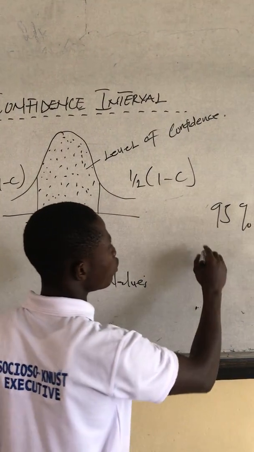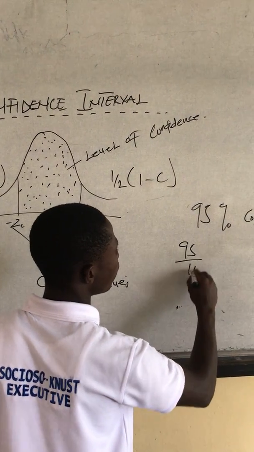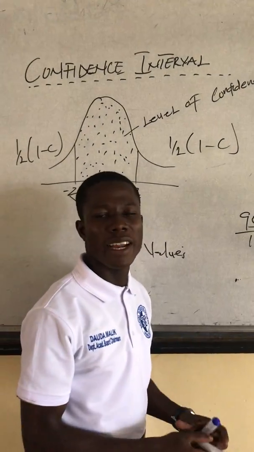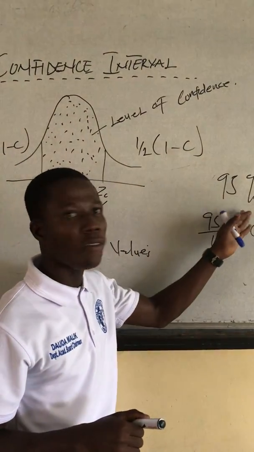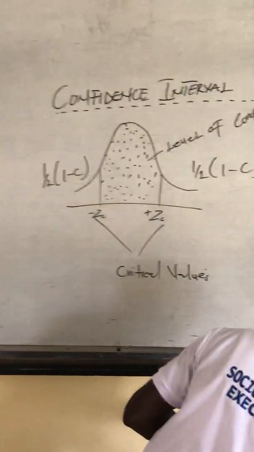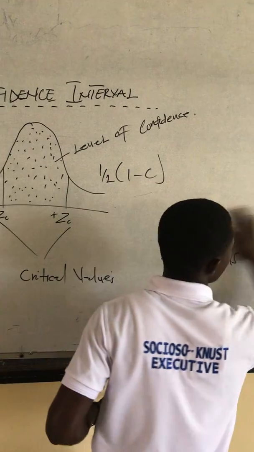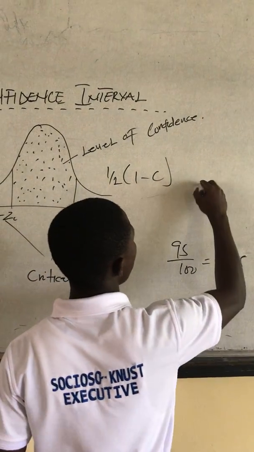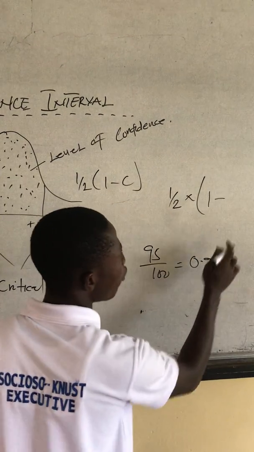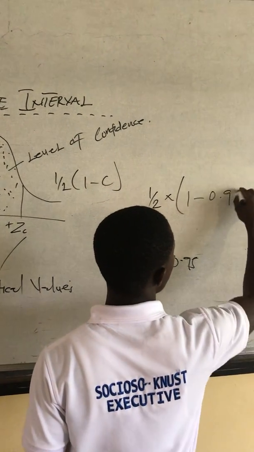So 95% to decimal is 95 over 100, which is 0.95. If you want to find the critical values for 95% confidence interval, this is the formula. It will be half times brackets 1 minus 0.95.